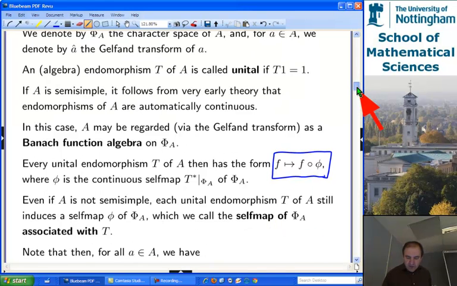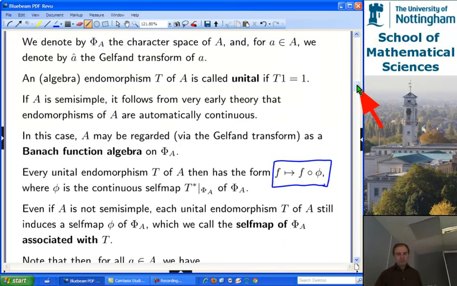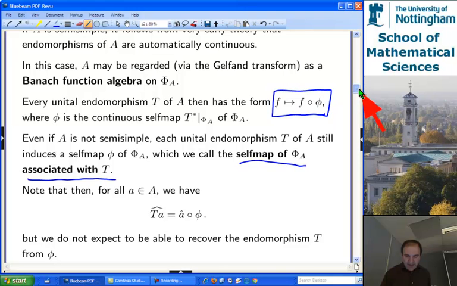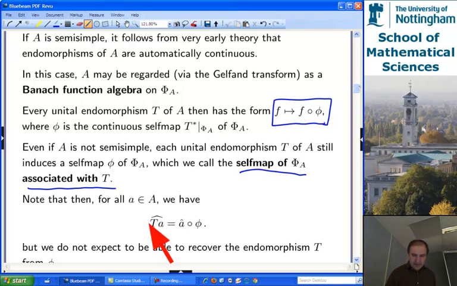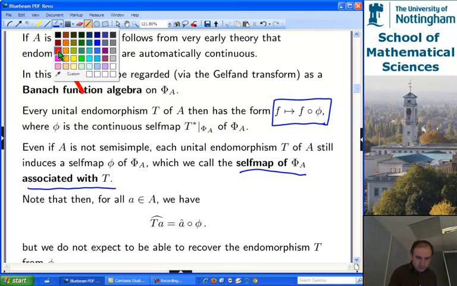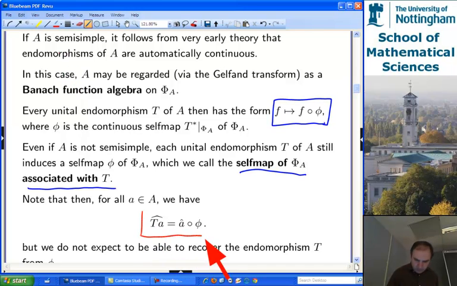But if you're not semi-simple, you still get a self-map in exactly the same way by composing with the algebra homomorphism. And so you get the self-map phi, and that's the self-map associated with T. And of course, what you get then is this formula concerning the Gelfand transforms.